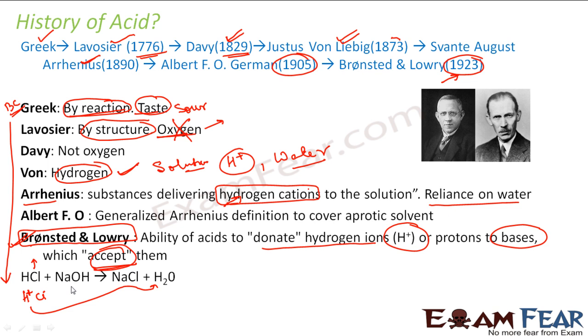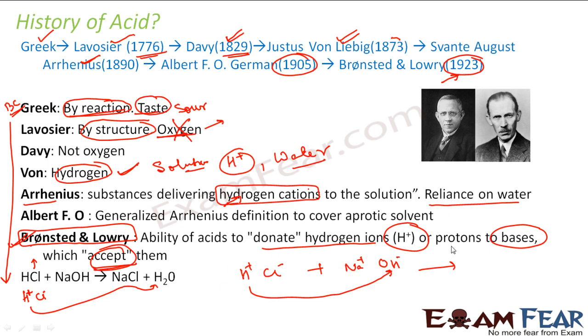Because this reaction is something like this: H plus Cl minus plus Na plus OH minus. What happened is this hydrogen ion is given to this one. This one is accepting the hydrogen ion, so it is a base. This one is losing a hydrogen ion, so it is an acid.